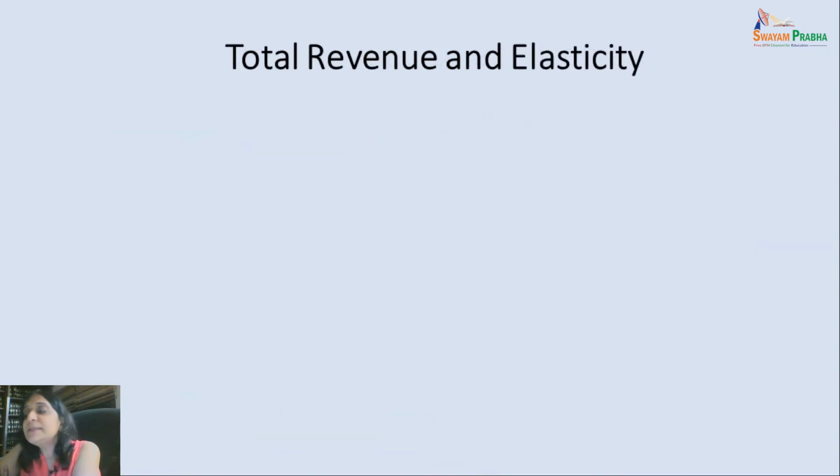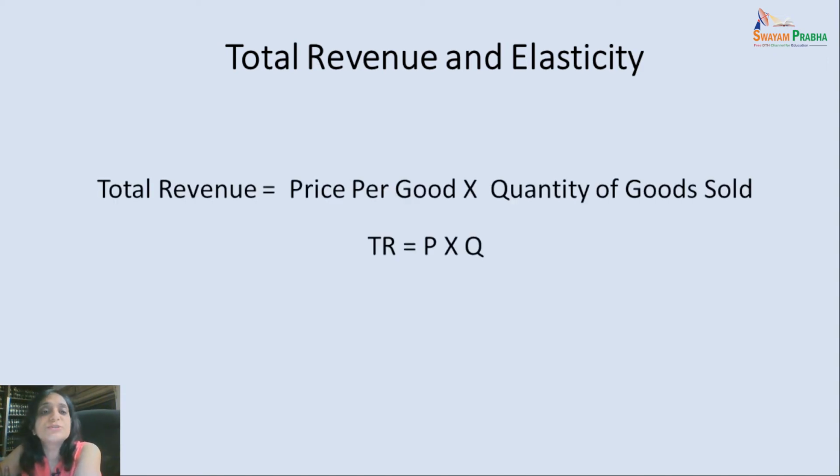Another important concept that we will be doing now is how total revenue and elasticity are related to each other. What is total revenue? Total revenue is price per good multiplied by the quantity of goods sold. That is price into quantity.